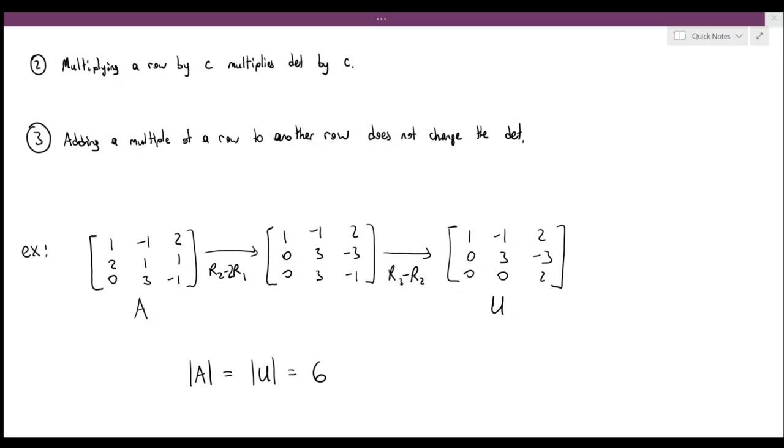But if you are able to find the LU factorization, then it would be true that determinant of A would equal determinant of U. If you were not able to get the LU factorization, that means that you had to swap some rows, and then you need to be careful about whether you picked up a minus sign from swapping the rows.